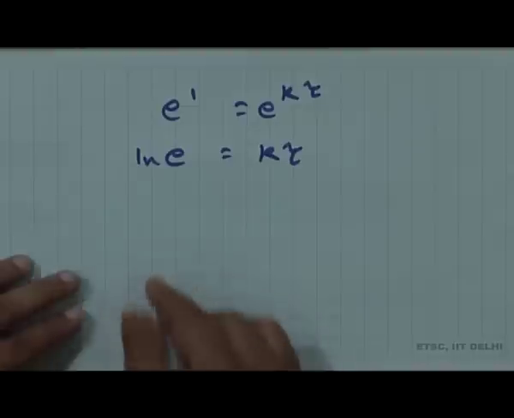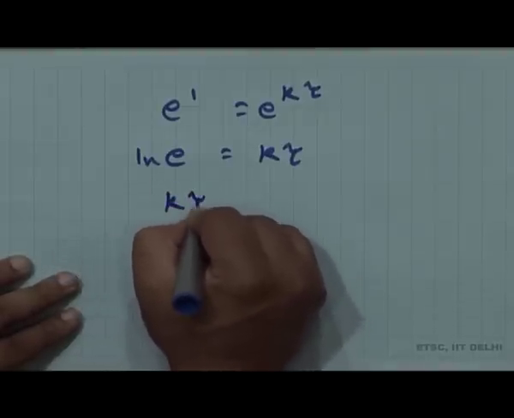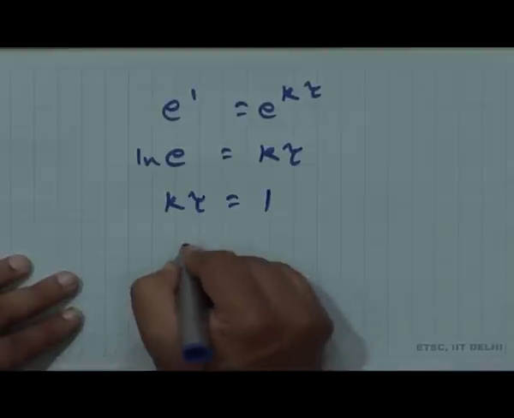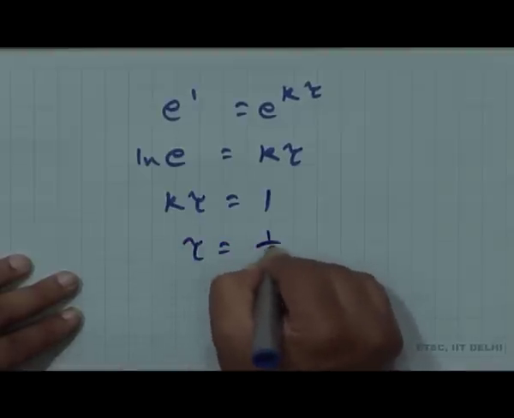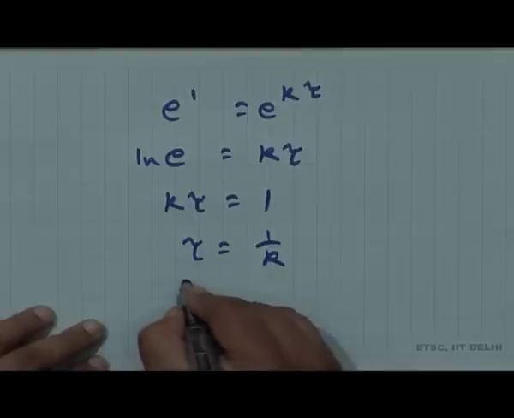Hence, this is 1 on this side. So I can write k tau is equal to 1, or tau is equal to 1 by k. So this is an expression for the relaxation time.